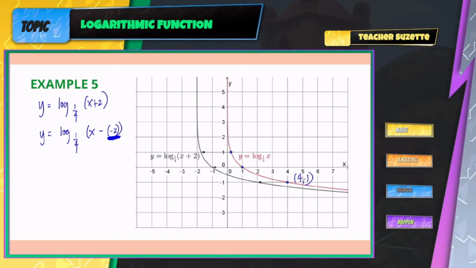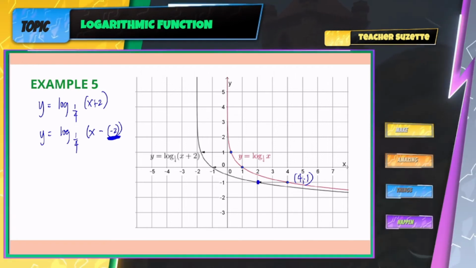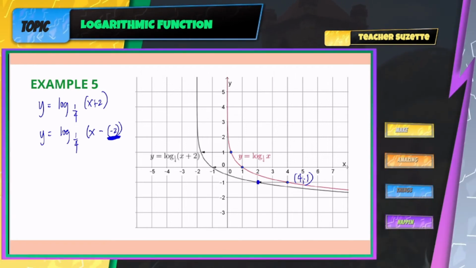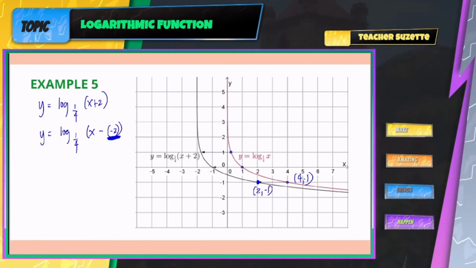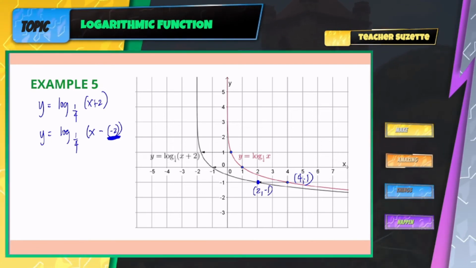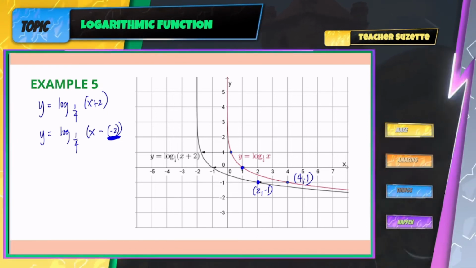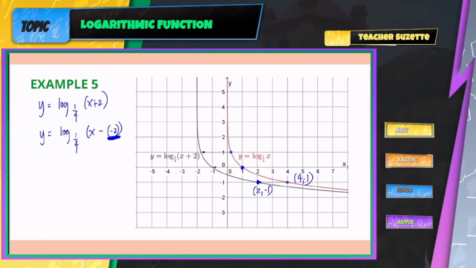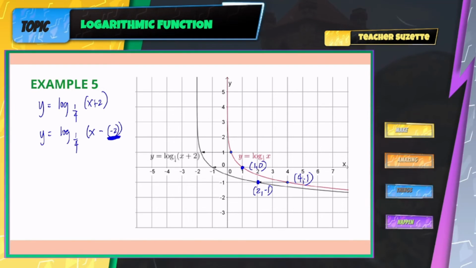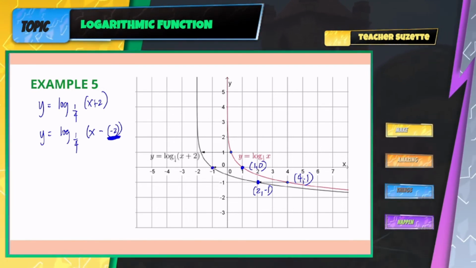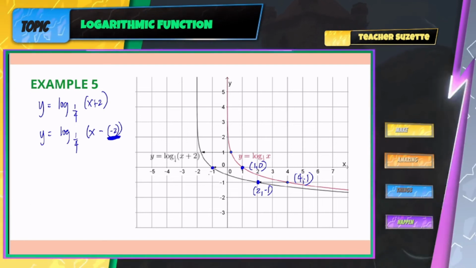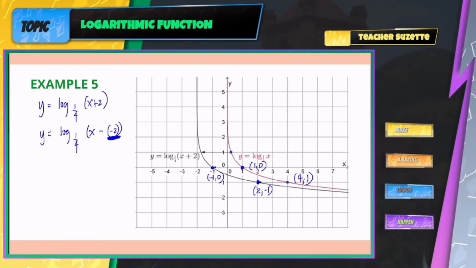So, nung nag-shift po siya, ito na yung naging itsura ng ating point. So, magkakaroon ka na ng point 2, comma, negative 1 horizontally. Then, let's have this one naman, yung ating 1, comma, 0. So, from 1, comma, 0, nag-shift siya papunta sa point negative 1, comma, 0.